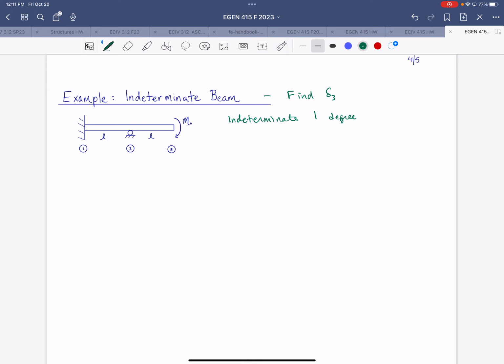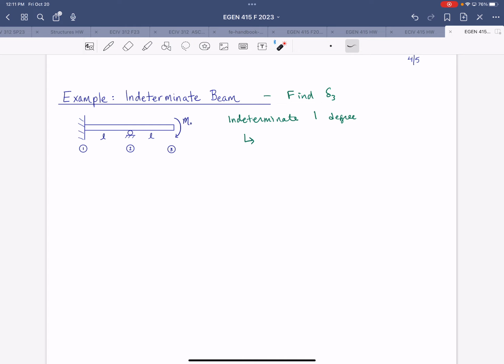All right, so since it's indeterminate by 1 degree, the approach we're going to take is to choose one reaction support, one resisting element, and relax it. And we're going to replace it with a force in the same direction, but we're going to treat that force as an applied force instead of a reaction.